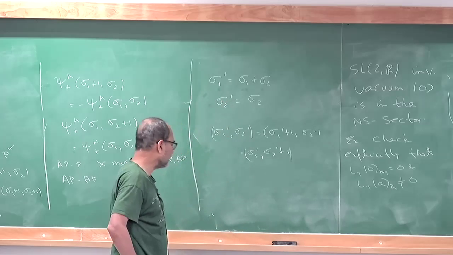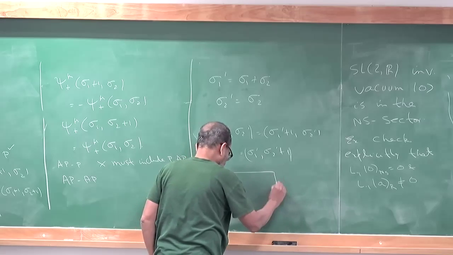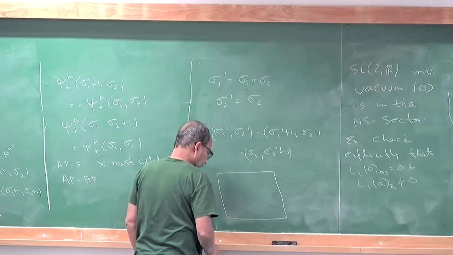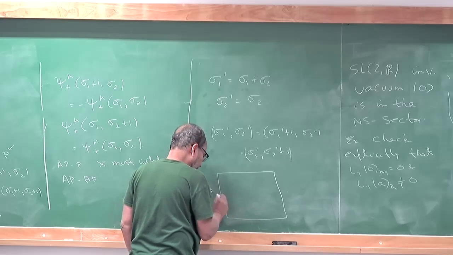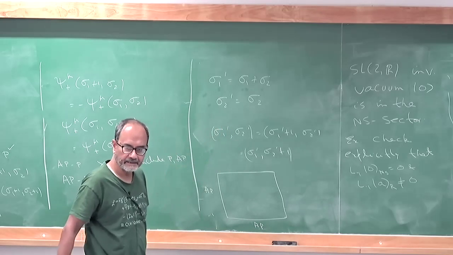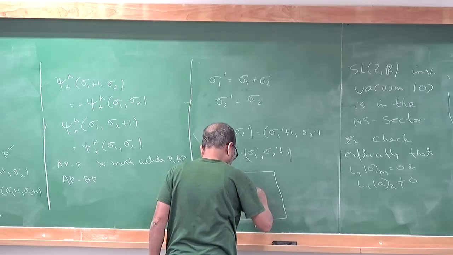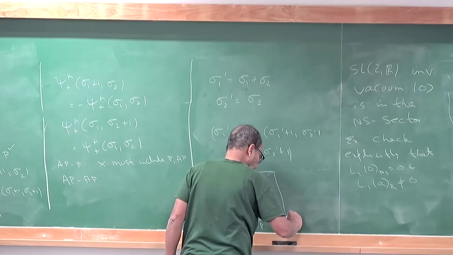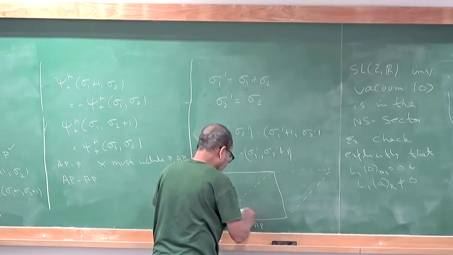Basically what I'm saying, let me draw pictorially. We have this torus. I think it's easier to see in the picture than in equations. So imagine that we are putting antiperiodic and antiperiodic along these directions. Now what we are saying is that we can take our basis of cycles to be this. We can represent the torus in this way, call this one cycle and this another cycle.